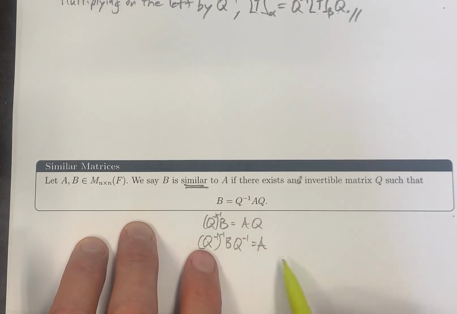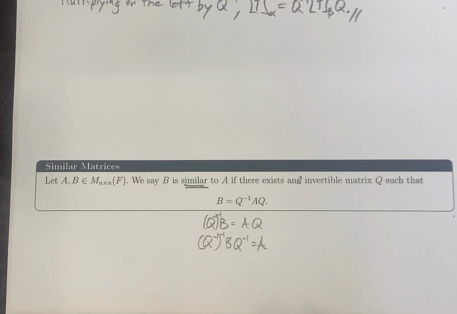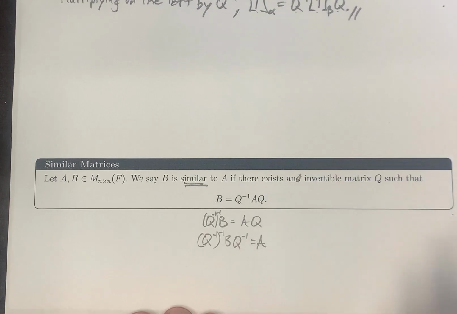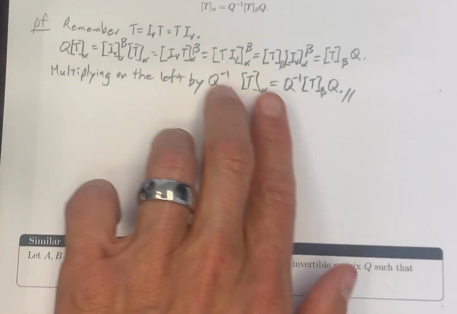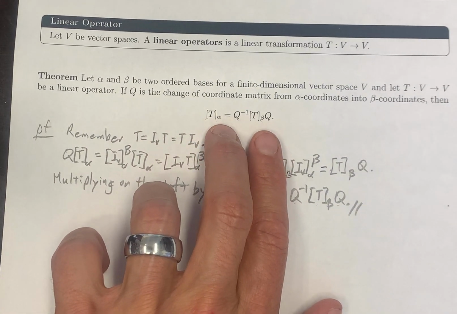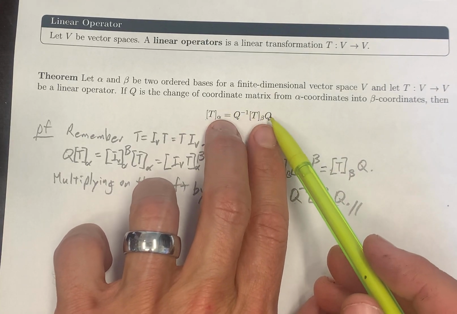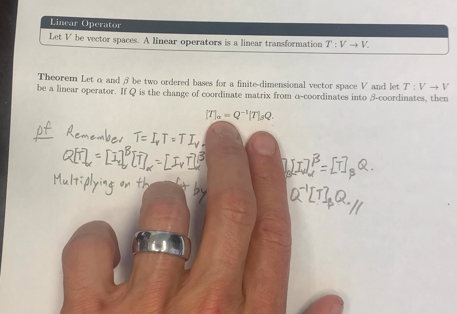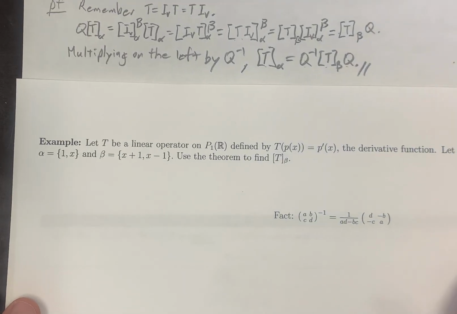And you have, well, A is similar to B. Q inverse is as good a matrix as any to be invertible. So this is a symmetric relationship. If A is similar to B, B is similar to A. This theorem then is saying that the matrix representations of a linear transformation in any two bases are similar.